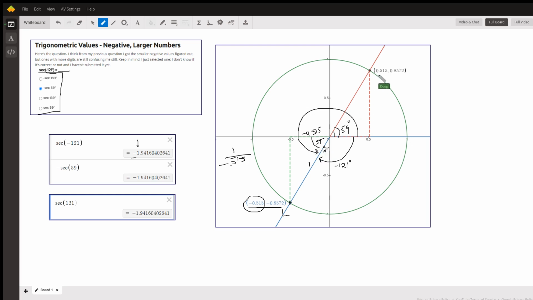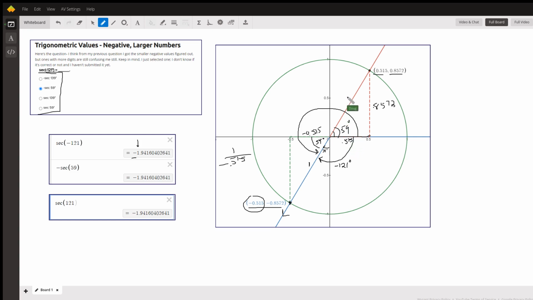And the x and y coordinates of this point on the unit circle are identical to the x and y coordinates of the point down here, except they're positive. So this distance right here is 0.8572, and this distance right here, which is the cosine of 59 degrees, is 0.515.